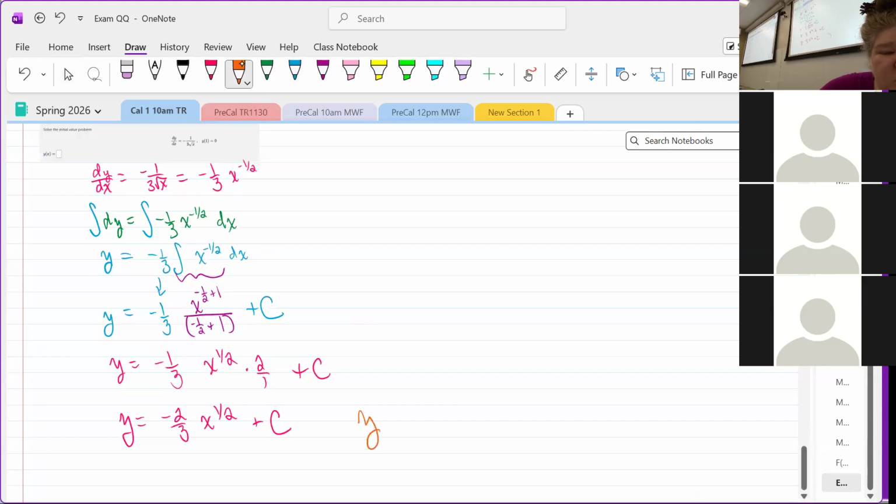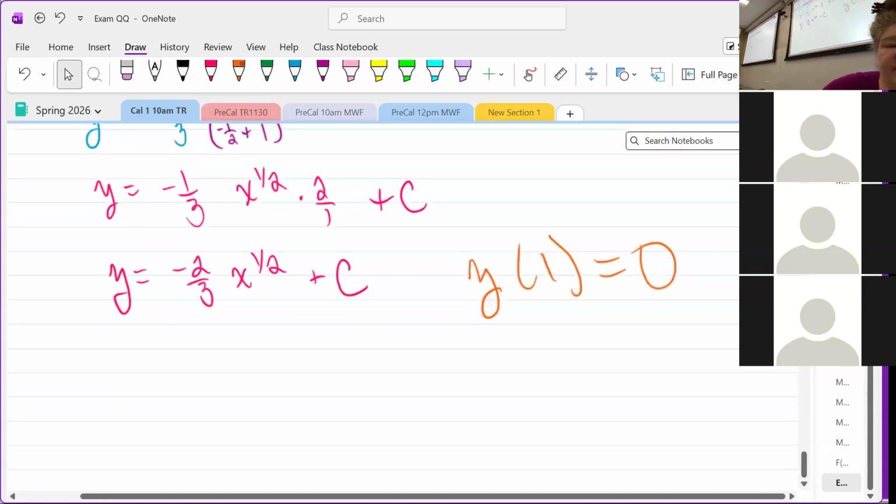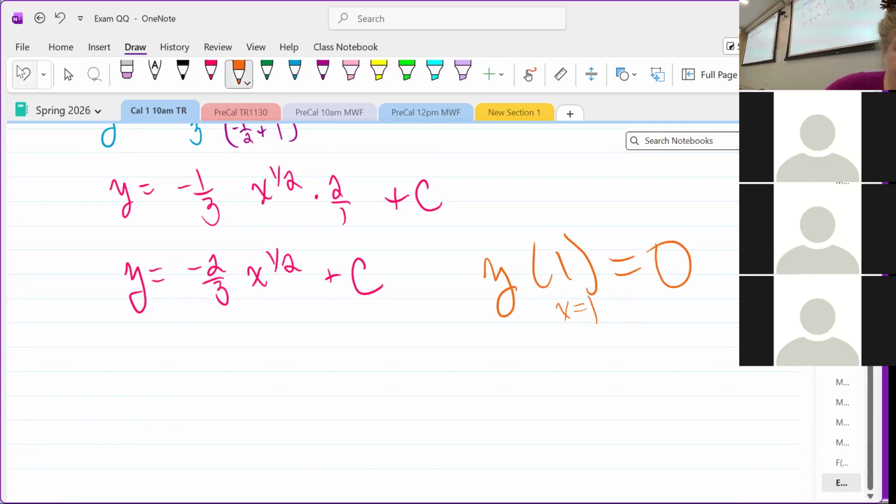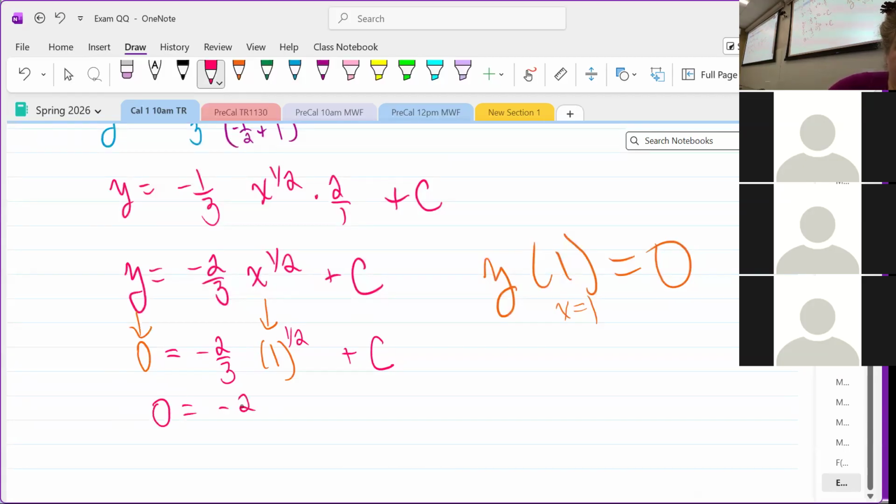They told me y of 1 equals 0. So this is telling me when I plug in x equals 1, my y value is 0. So I'm going to put 0 for the y. I'm going to put 1 for the x. I'm going to recopy everything else. So 1 to the 1/2, 1 to any power is 1. So that is 0 equals negative 2/3 plus c.